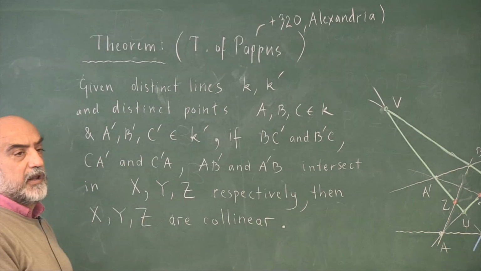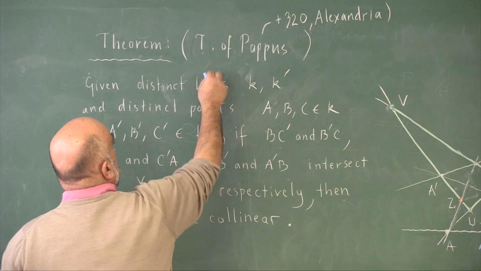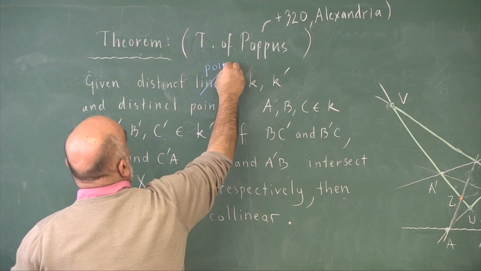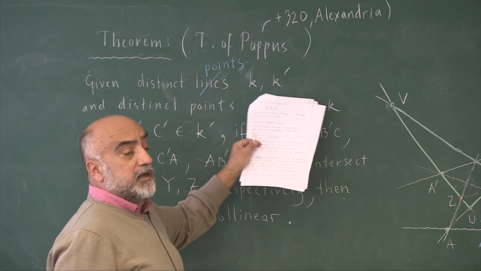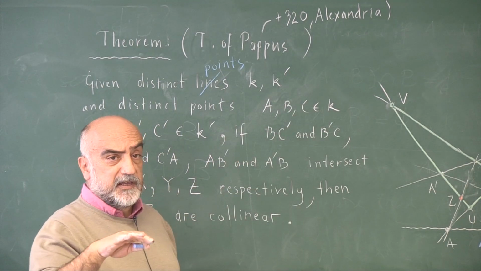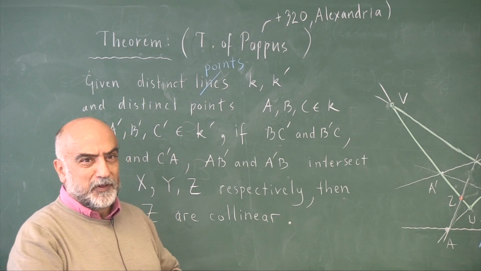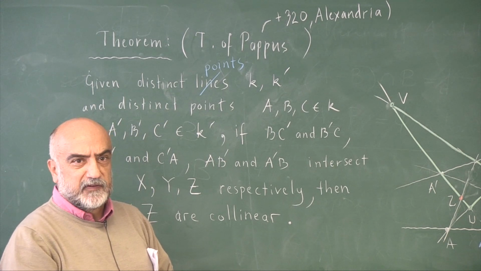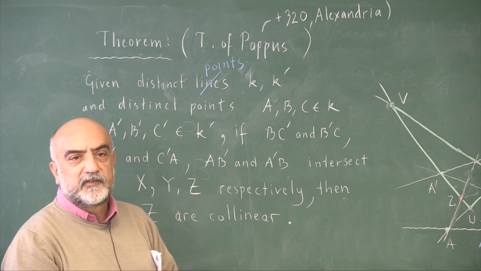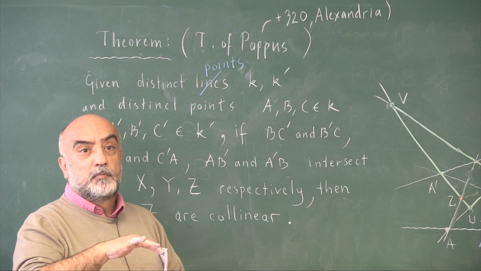Given distinct lines, it says, let's make it points. K prime, lowercase k prime. By the way, there is a convention in projective geometry. Lowercase characters denote lines, whereas uppercase characters denote points.